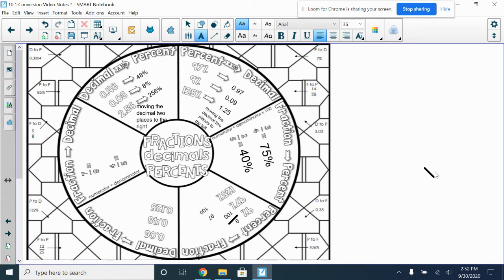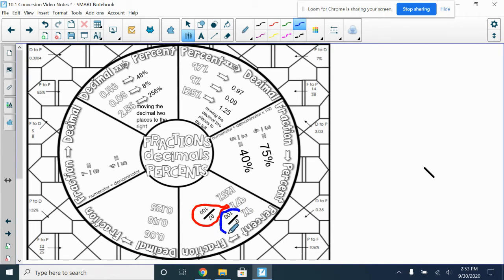And we're going to add in our bar, and I'm going to draw in so that we know this one goes here. This one goes here.